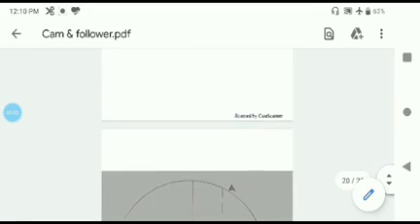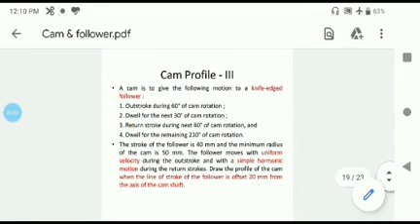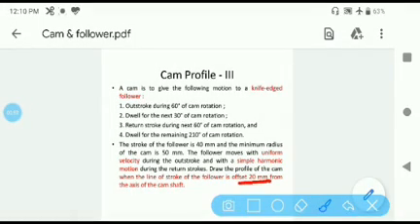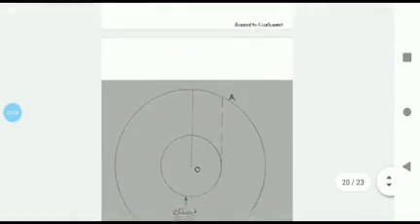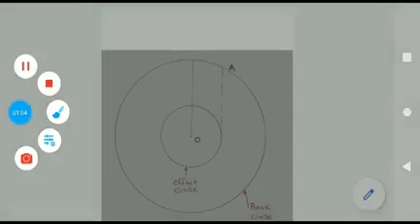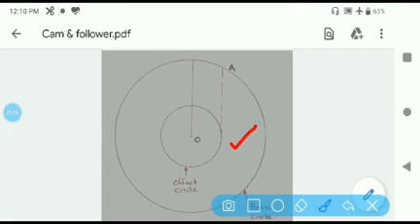In the question given, the offset distance is given as 20 millimeter. That means you need to draw a circle with center O of radius 20 millimeter or 2 centimeter.